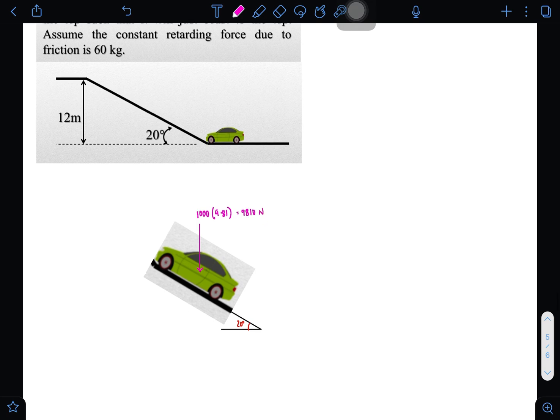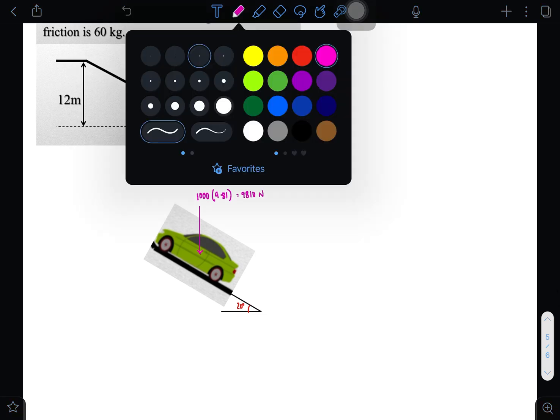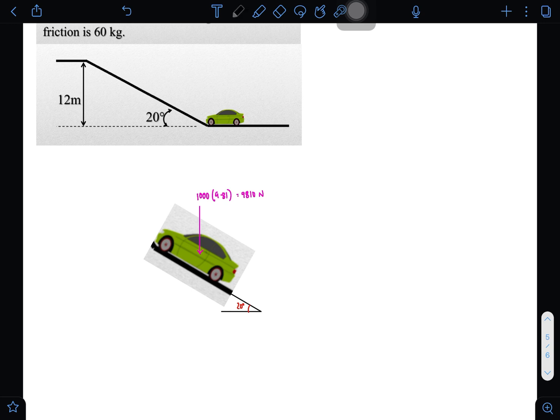newtons. And then of course there is a normal force, and that is equal to N. And since the motion is upward here, then the friction would be here.